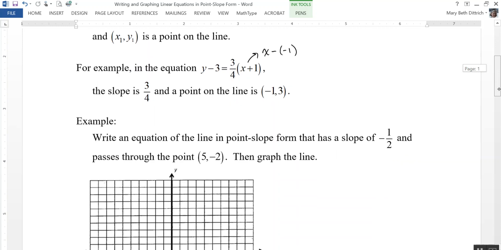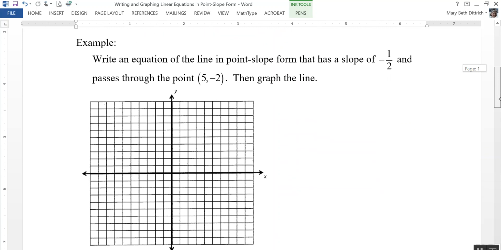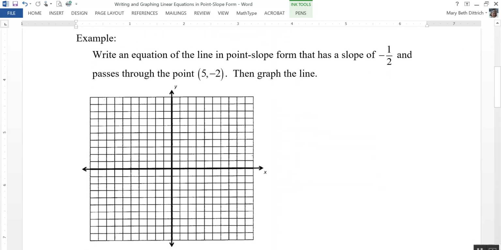Let's take a look at a couple examples here. First one says, write an equation of the line in point-slope form that has a slope of -1/2 and passes through the point 5, -2. So the form of the line is y minus y1 equals m times x minus x1, and -1/2 is my slope, x1 is 5, and y1 is -2.